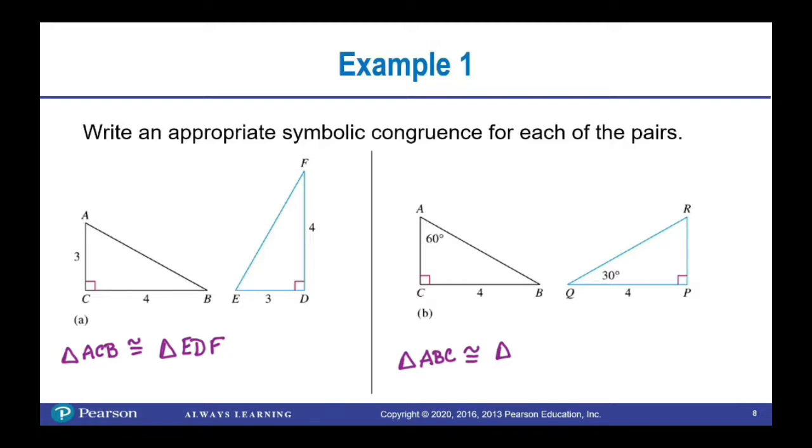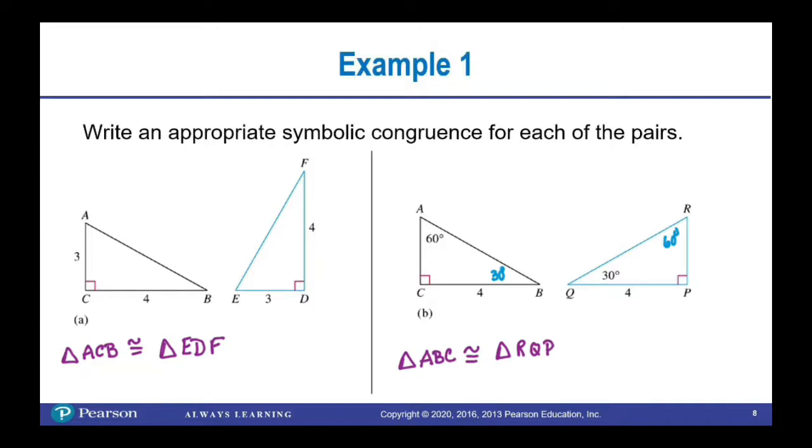So in the first triangle, I have 60 degrees and 90 degrees, that's 150. I need 30 more degrees to make 180. A similar thing happens in the second triangle, but I would need 60 degrees to make 180 degrees in that triangle. Now I can see which pieces match. A and R match, B and Q match, and then C and P match.